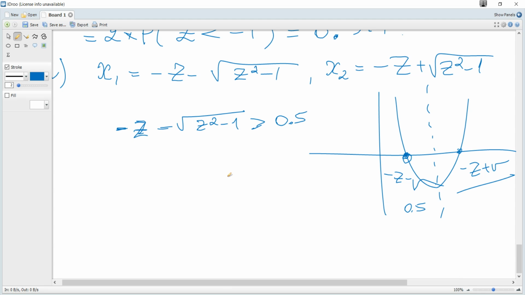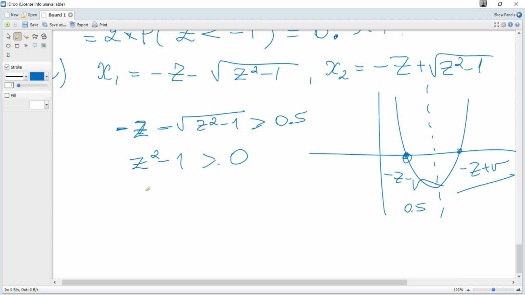So the situation looks like this, together with the domain of this quadratic's square root. But since it is given that there are definitely two roots, the discriminant, the expression under the square root, z squared minus 1, is greater than 0.